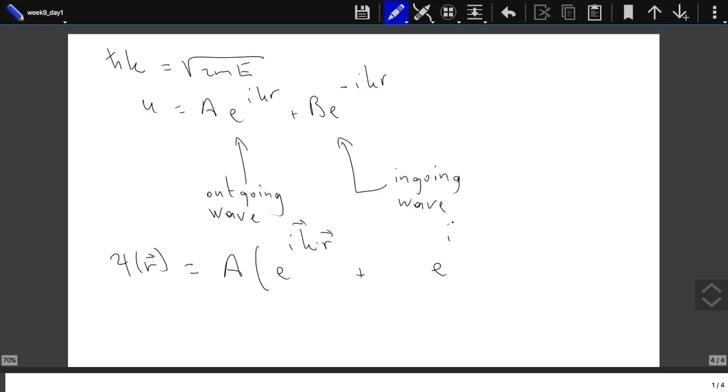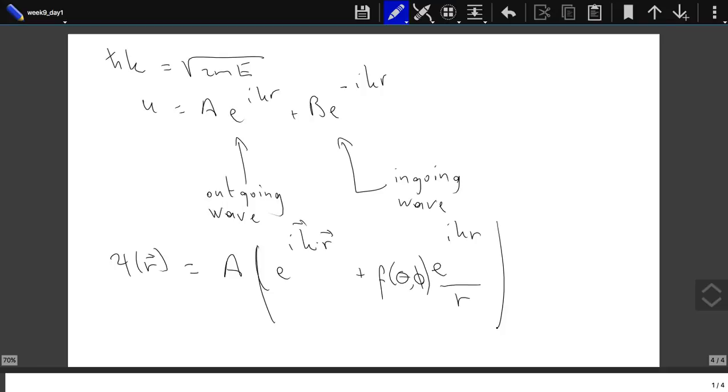It will be e to the power ikr over r times some number. Of course, that number can depend on the angles. But the radial dependence is fixed at a very far away point.